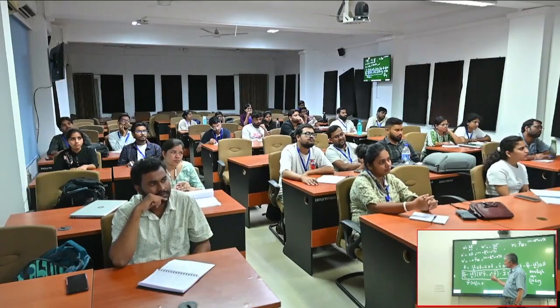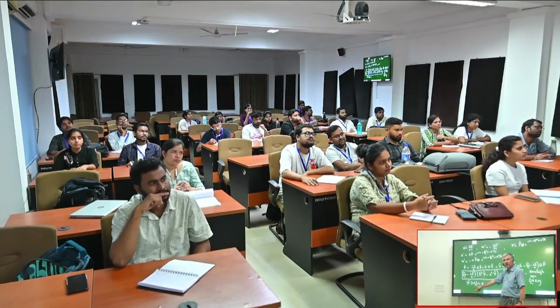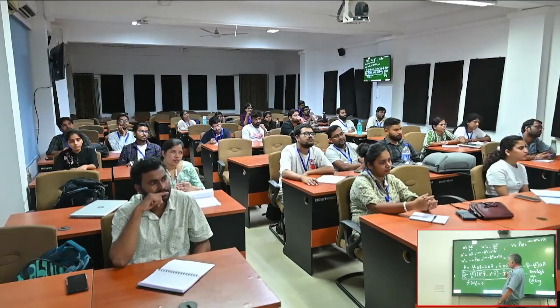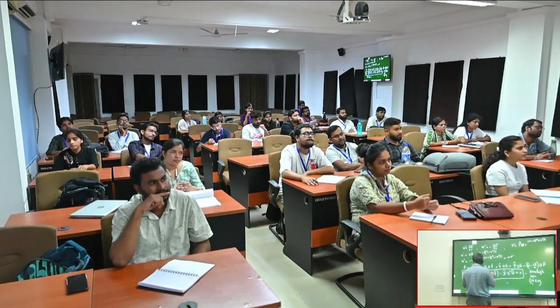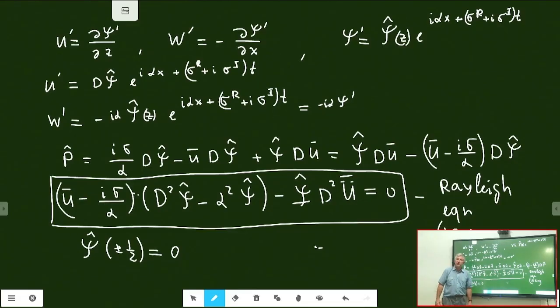But this is a linear equation, and these are the conditions for a linear equation. What is the solution of a homogeneous linear equation? It is a linear equation with a 0 right-hand side and 0 boundary conditions. What is the obvious solution for this system? 0. Trivial solution, right?